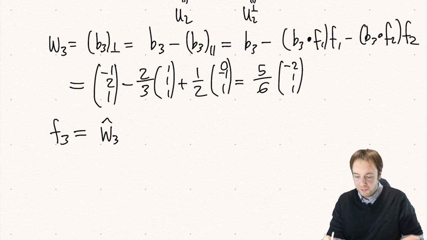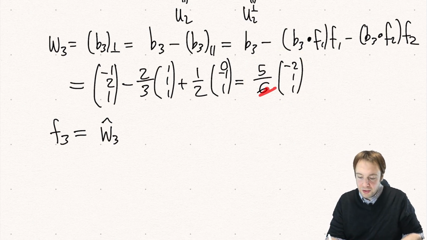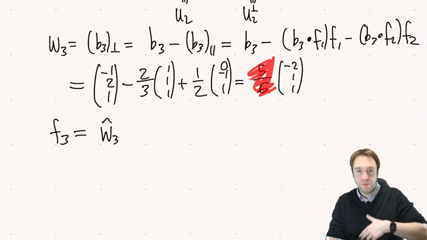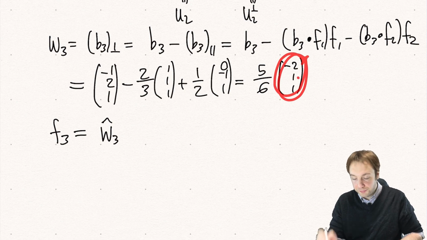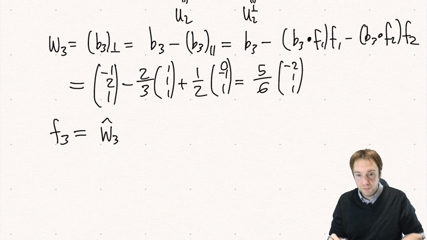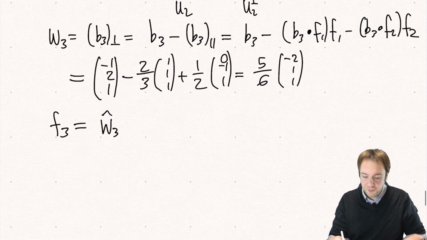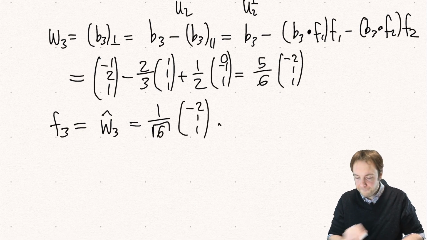But normalizing a vector just means you want a vector in the same direction with length 1. So actually this number here you can completely forget and just think about this vector here. And the norm of this vector is 4 plus 1 plus 1, which is 6. So the square root of 6. So this here is 1 over the square root of 6 times minus 2, 1, 1. And this is our F3.